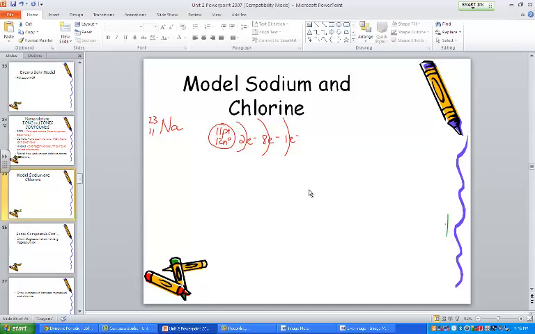Remember our periodic table skills. We know the meaning of this based on where it lives. Because sodium lives in period 3, we knew 3 energy levels. All the elements in period 3 have 3 energy levels. That's why it lives where it lives.